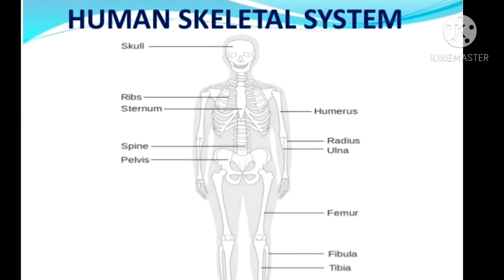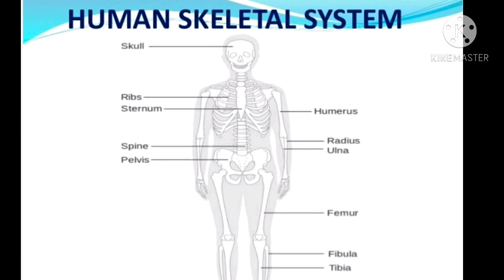In the human skeletal system, you can see in the picture the skull is the upper portion in which the brain is protected. Ribs, which make the rib cage, protect the lungs and the heart. And you can see the hands and the legs.